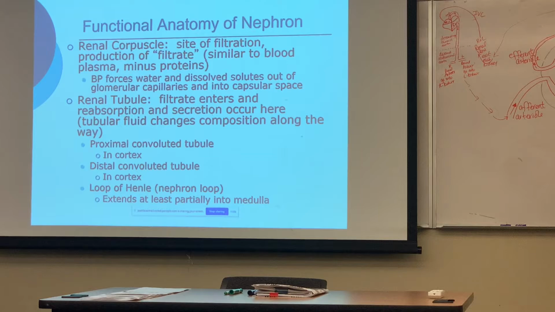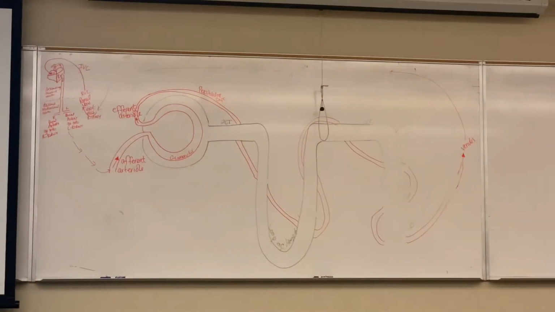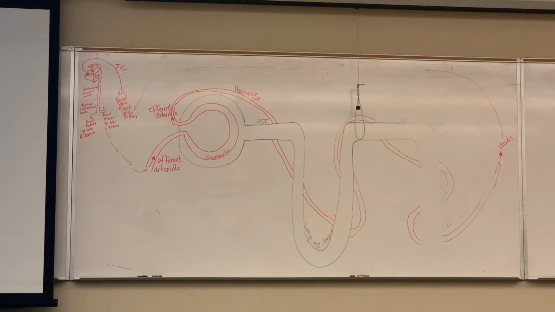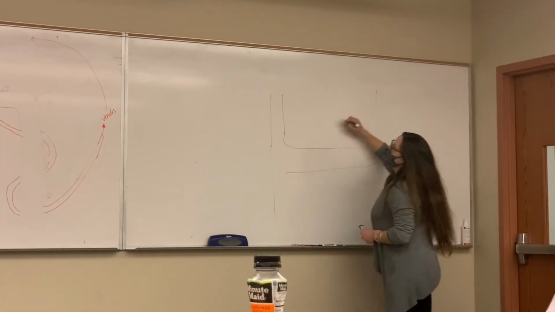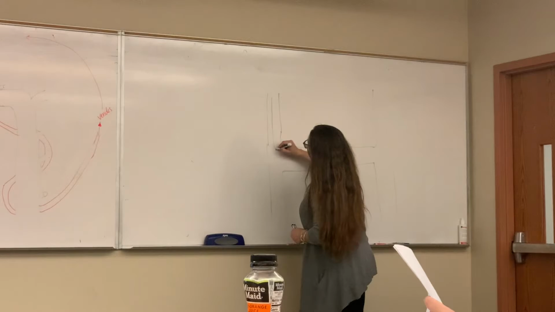So first of all, filtration. Let's think about filtration. When we looked at a regular old capillary, okay, so let's kind of go back and review. When we looked at a regular old capillary, this is the way your book and I drew it. It was like this. So this part right here was the arterial.